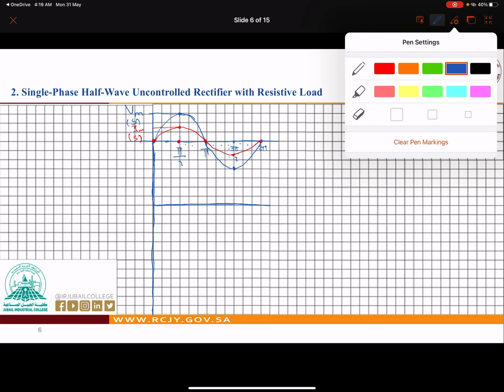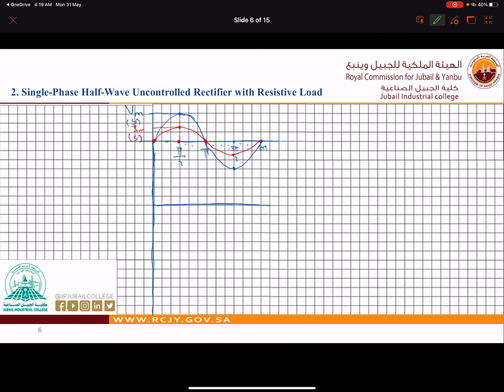So I'm going to draw with the green color. It will be the same 1, 2, 3, and we will go to 0 because the positive cycle is conducting, right? And this is pi, and we need to go to 0. Excellent. So this part is here now.